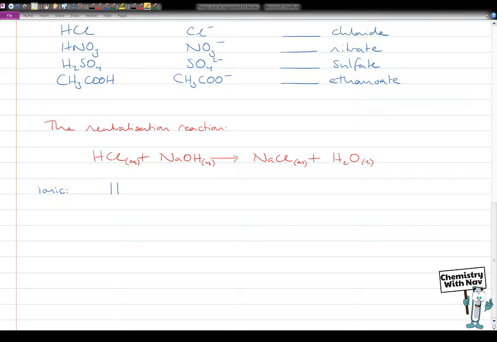So the only thing that's actually reacted is the H+ aqueous and the OH- aqueous. Those were ions to start with, and now they have formed the covalent liquid water. And that is the neutralization reaction. H+, which is your acid, as we said from the definition earlier, and OH- from your alkali, giving you water. And this is an ionic equation, one that removes any spectator ions.